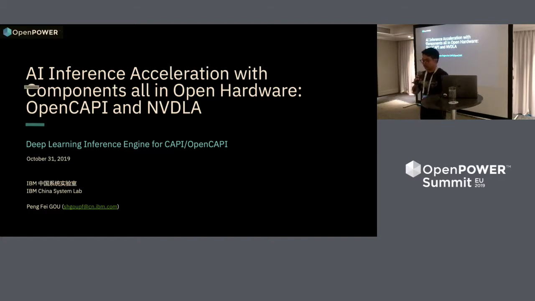We opened our IP, our reference design, our instruction set architecture, almost from the top level applications to low level hardware for IBM. So I think demonstrating that IBM's technology can collaborate with existing open source projects is really important to show that we have a really good ecosystem for the open hardware community.